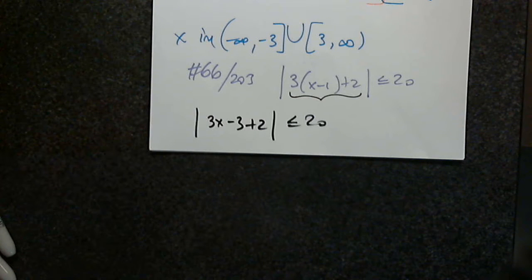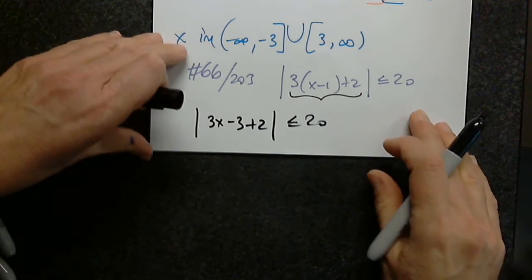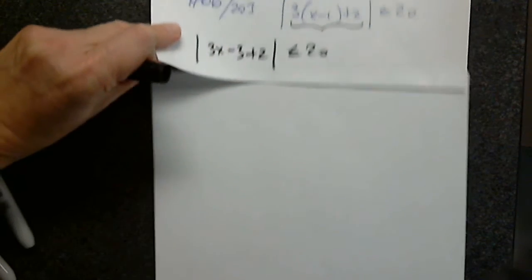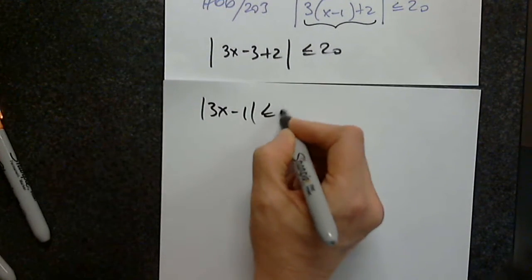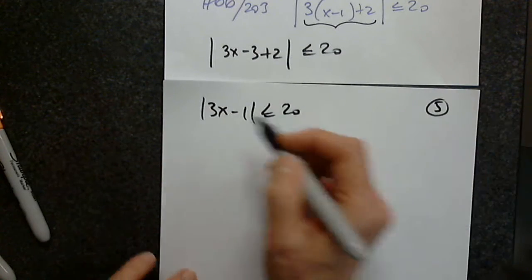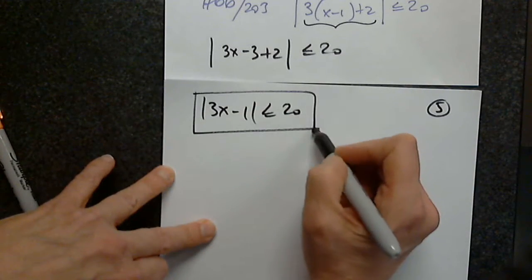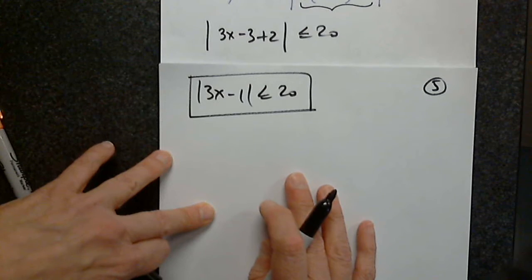Always remember, two key words here. Simplify, factor if we need to, if it helps. So now inside we have 3x minus 1. So the absolute value of 3x minus 1 less than or equal to 20. No one can touch this. Again, untouchable.